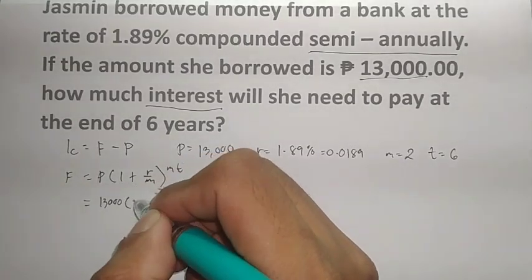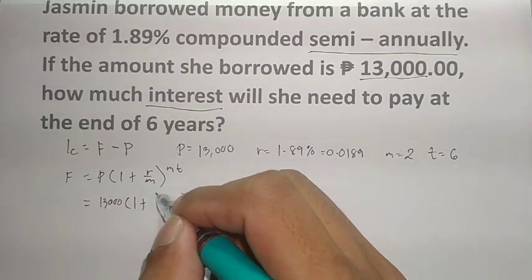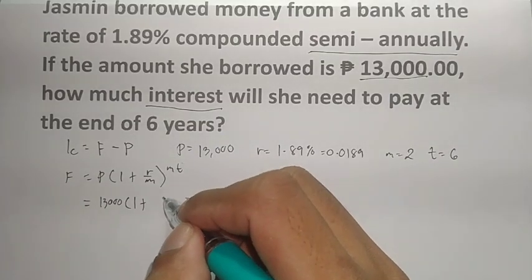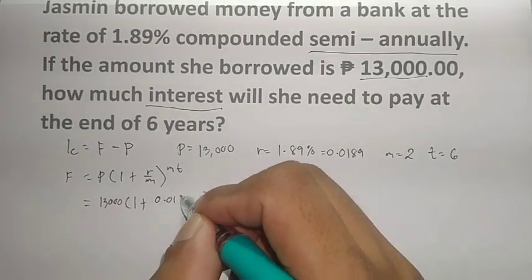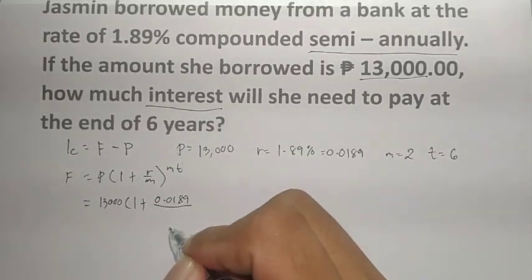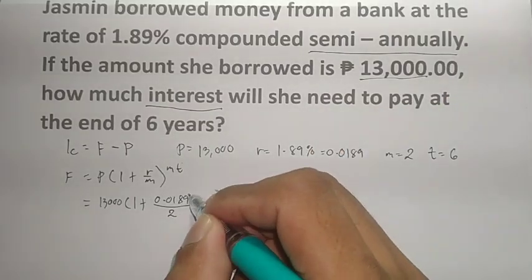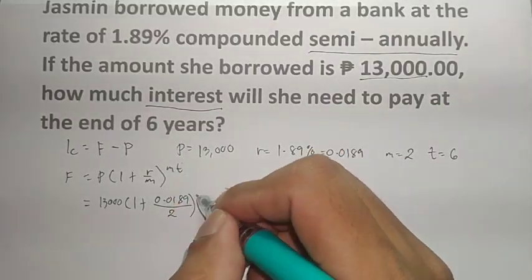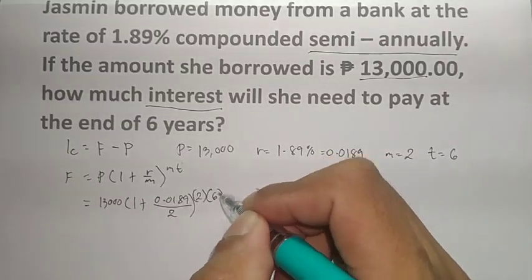Copy the parentheses, copy the 1 plus. Instead of writing percent, we just write the decimal form. So our R is 0.0189 over our M is 2. Then our M again is 2 times 6.